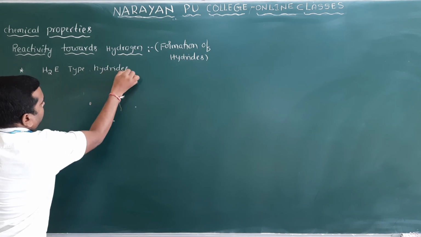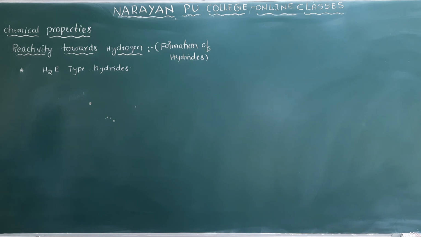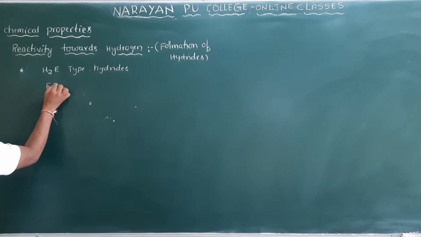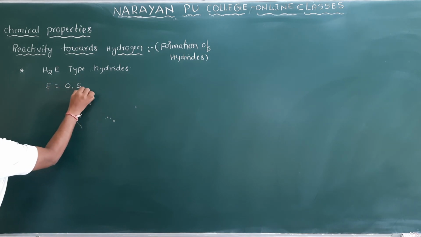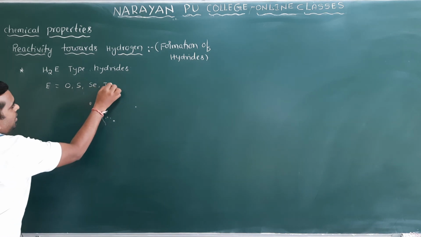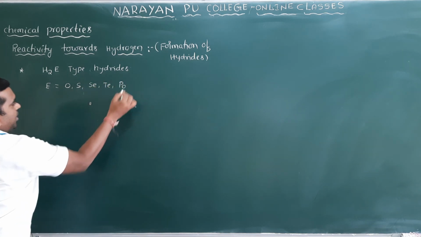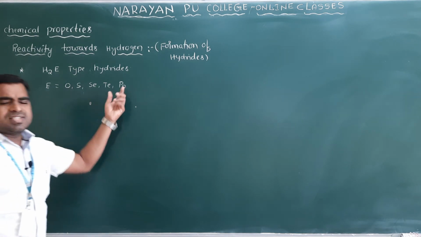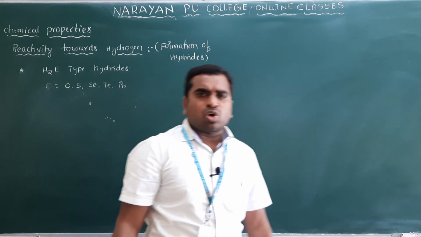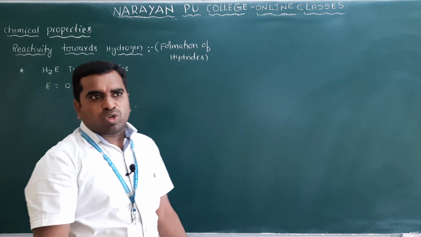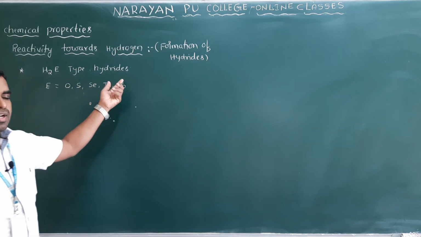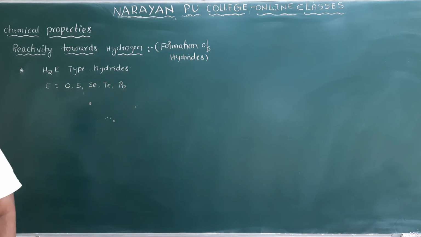What is E here? E is a 16th group element. It can be oxygen, sulfur, selenium, tellurium and polonium. Polonium, I already said, is a radioactive, short-lived element, so most of the time we will not discuss polonium. We will discuss up to tellurium.